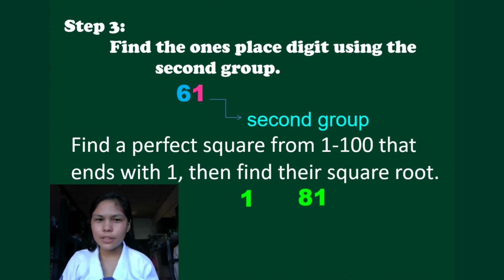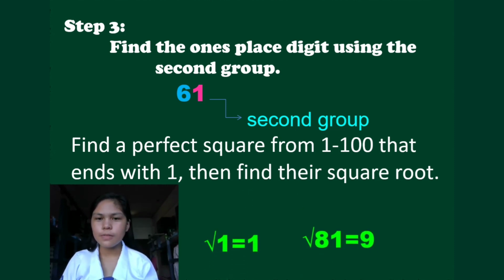After that, we have to find their square root. So square root of 1 is 1 and square root of 81 is 9. So how will we know which number is our ones place digit? Let's proceed to our step 4 to know which of the two is our ones place digit.